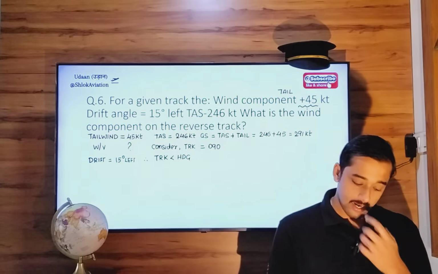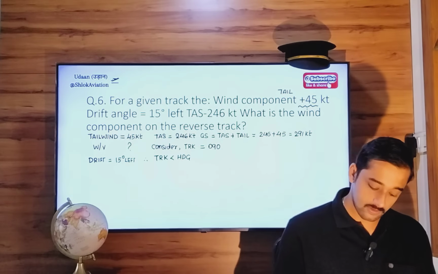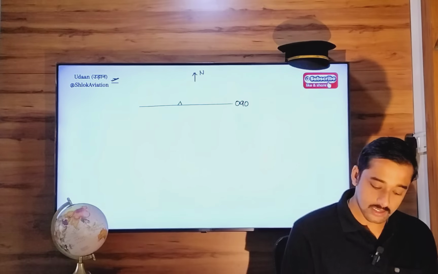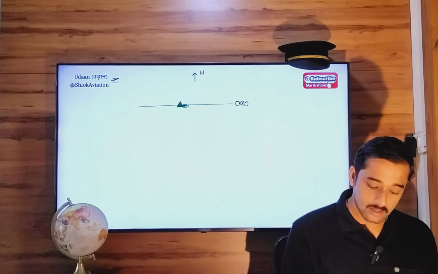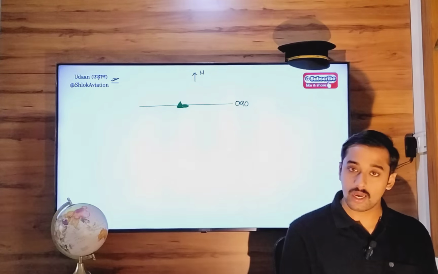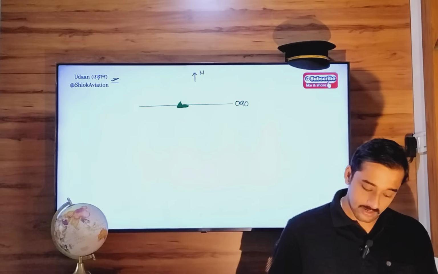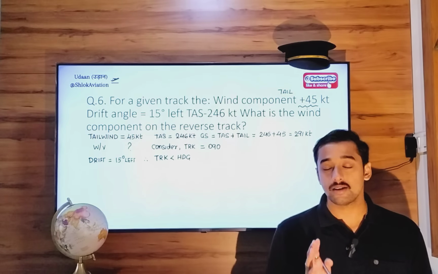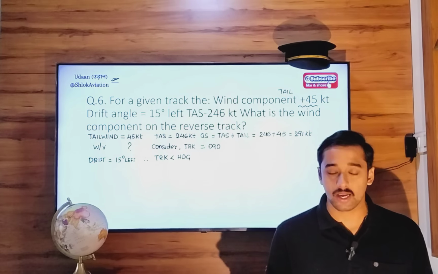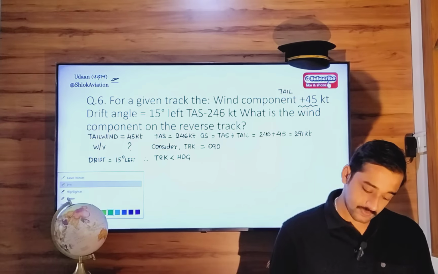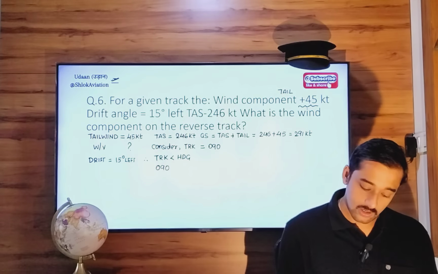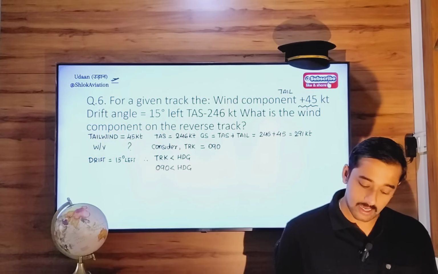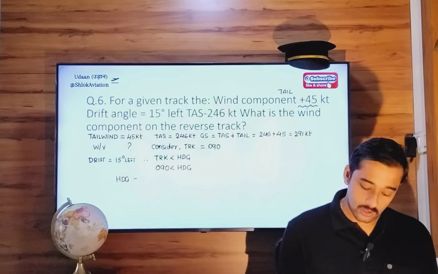Now we have considered that the aircraft is flying on a track of 090, right? But since we are getting a 15° left drift, the heading of this aircraft will be more than its track. Track is 090, so heading will be more than track by 15 degrees, so 105 degrees.